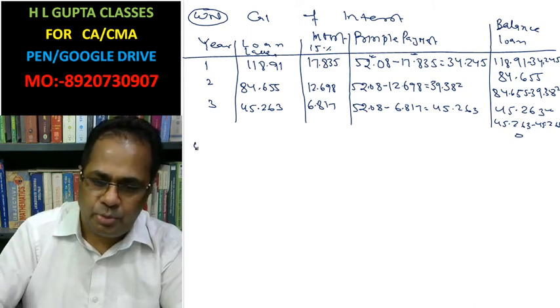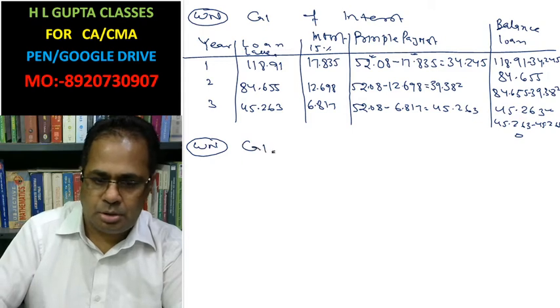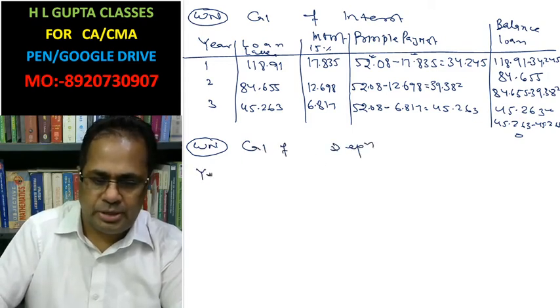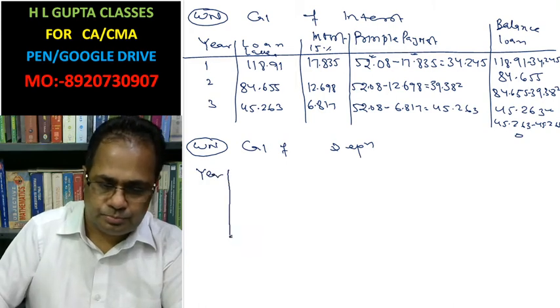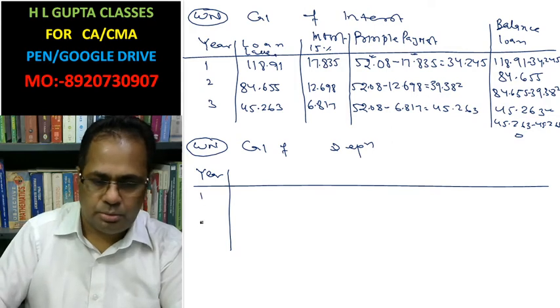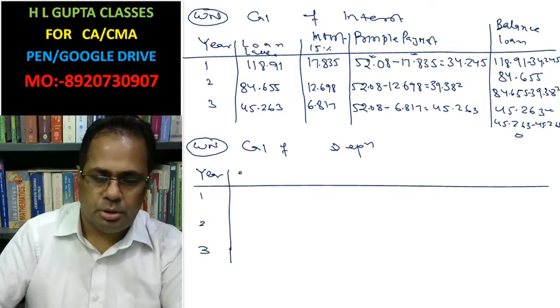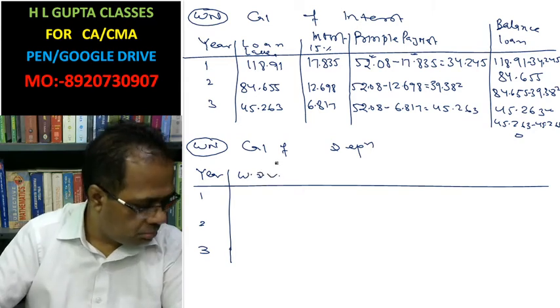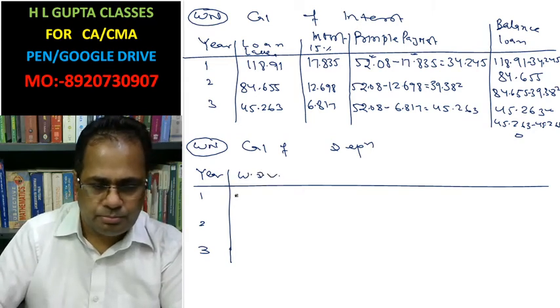Now I am going to calculate the depreciation. Calculation of depreciation. Years 1, 2, 3. Written down value 120.